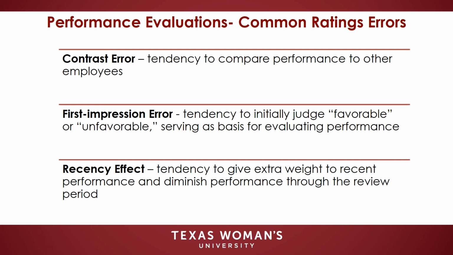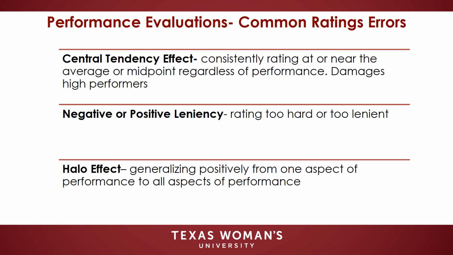The most common, in my opinion, is the recency effect, and this is the tendency for a supervisor to give extra weight to the performance of an employee based on recent performance, whether it's good or bad, and that is used to serve the rating throughout the entire evaluation period. Central tendency effect is when a supervisor consistently rates employees at the middle or the midpoint, the average of the range.